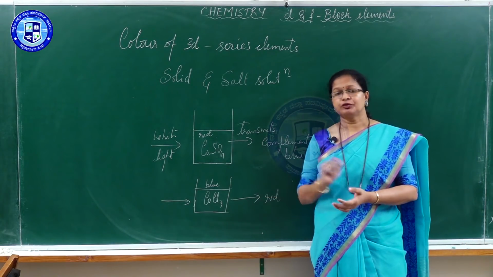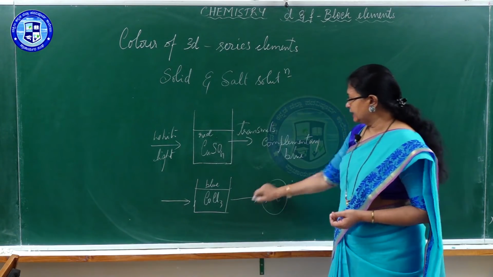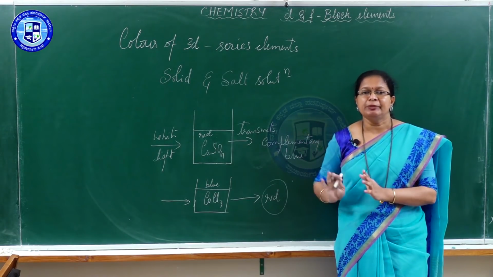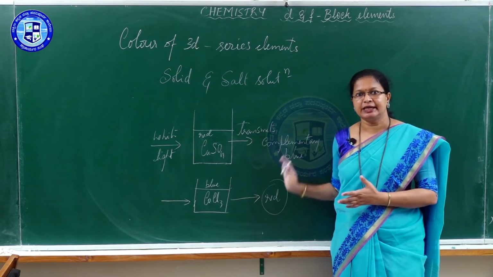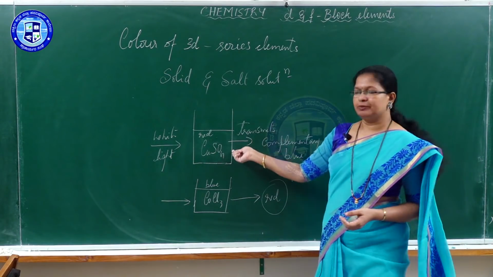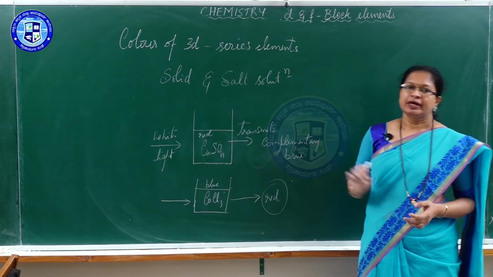So, what is the color of cobalt chloride? Is it blue or red? Cobalt chloride is red, because when we see cobalt chloride, we can see only the complementary color to blue, which is red. Copper sulfate can be seen as blue, and cobalt chloride as red.